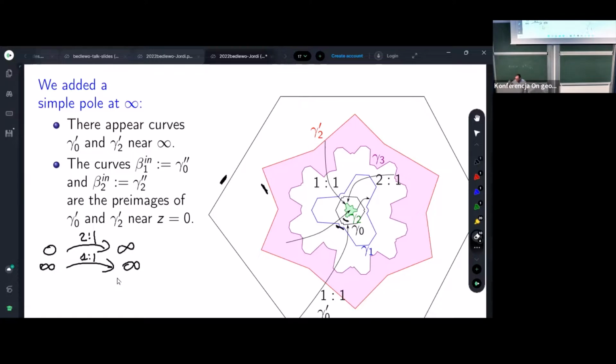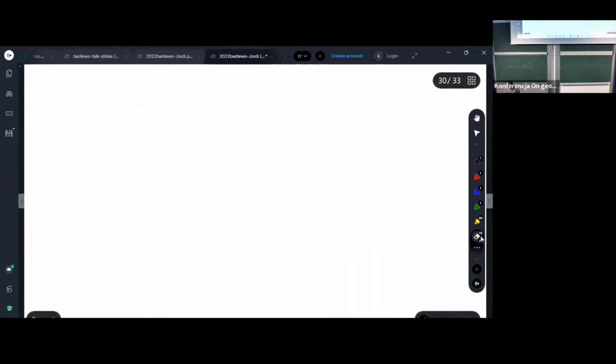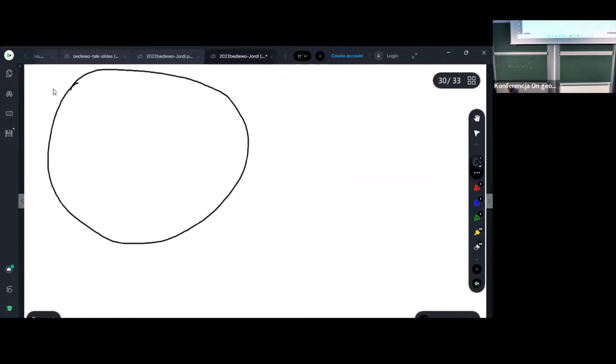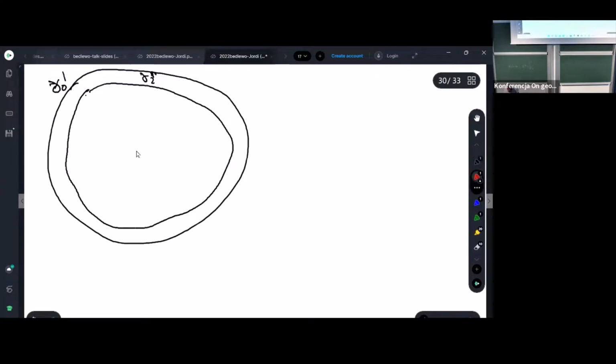So this is what's going to happen, and I'm going to write this in a new slide. So I had gamma 0 prime, gamma 2 prime, and I'm going to deform the dynamics a lot. So I have a neighborhood of 0, which is mapped 2 to 1 onto a neighborhood of infinity, and it's orientation reversing.